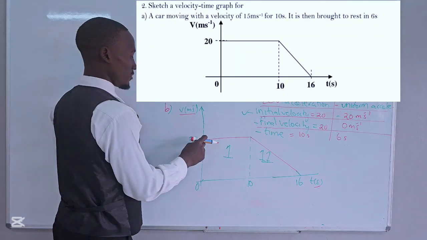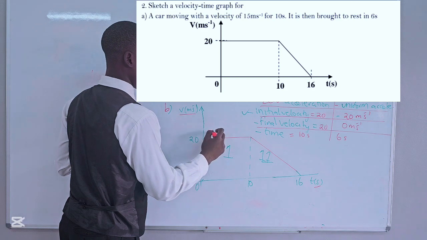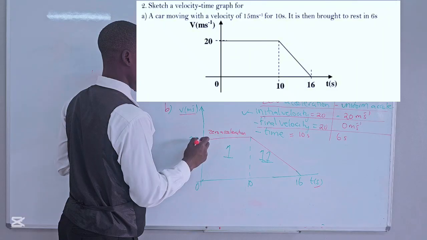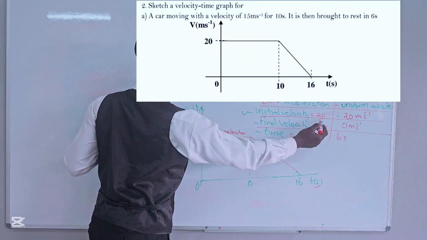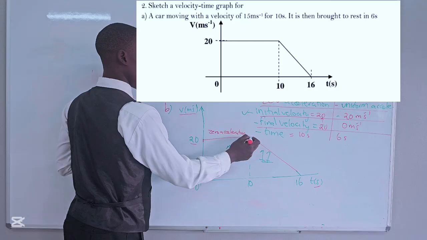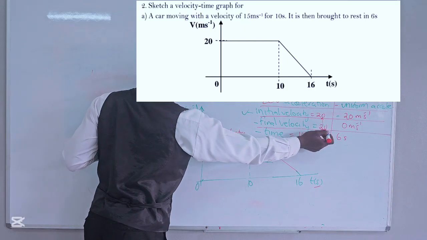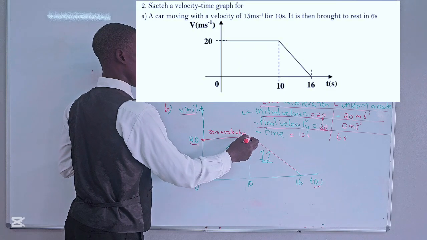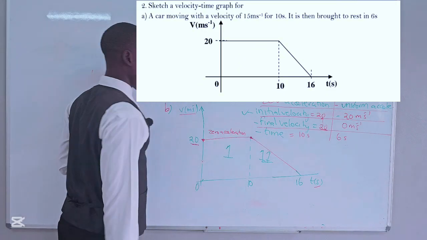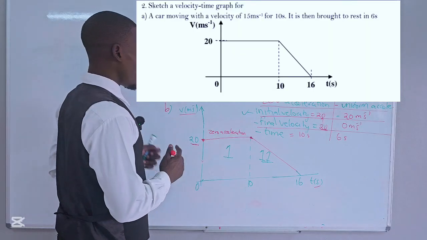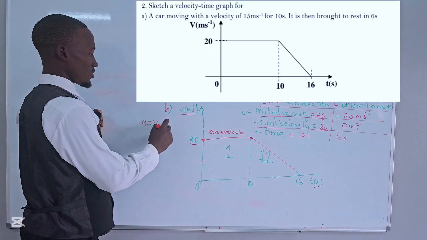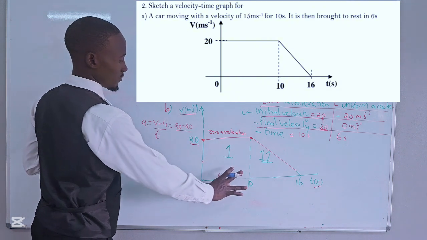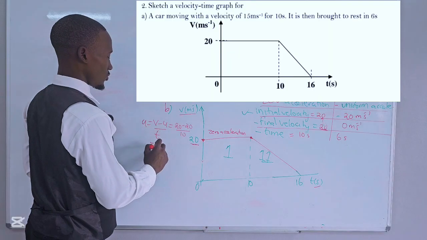So we know that whenever the velocity is constant, we are having 0 acceleration. The initial velocity is 20, and even the final velocity up to this point is also 20. The velocity with which it starts is 20, and the velocity with which it ends is 20. So acceleration equals v minus u over t, which is 20 minus 20 over the time interval here, which gives you a 0.